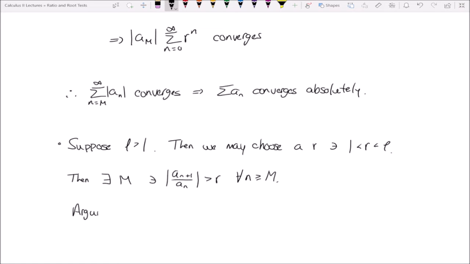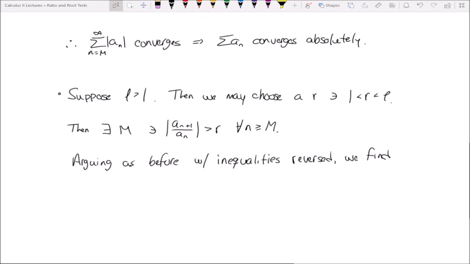If we argue as we just did above, except with inequalities reversed, we find the absolute value of a sub m plus n is greater than r to the n times the absolute value of a sub m.